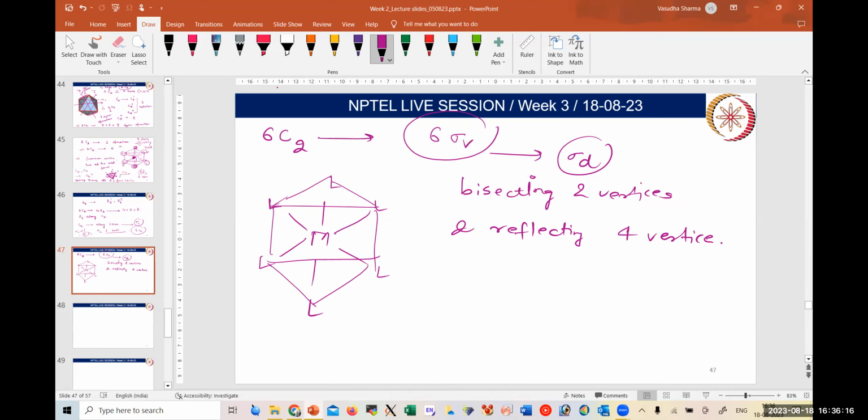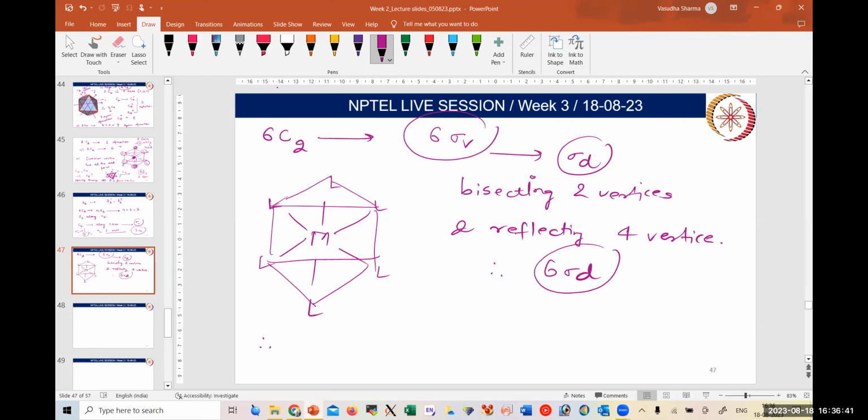So since we said that C2s are existing in between the centers of opposite vertices, passing through that there would be one C2. But the plane is actually cutting the two C2s, where it is bisecting the two vertices and reflecting the 4 vertices. So therefore, we are having 6 sigma Ds.